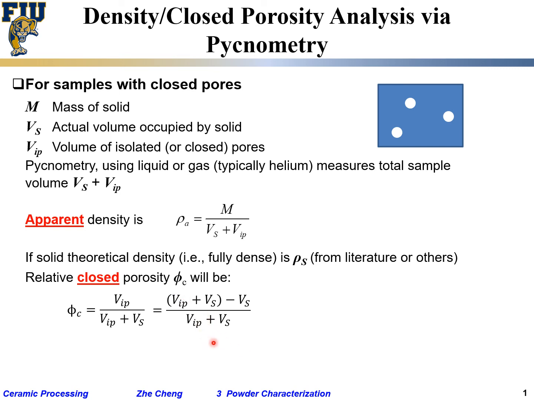Okay, now let's do one more manipulation. Volume, volume, volume. If we rewrite the volume as if we have unit mass, 1 over rho gives us the volume, right? This one is for the apparent total volume, apparent density. True solid volume, true solid density.